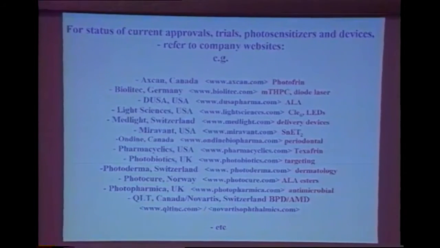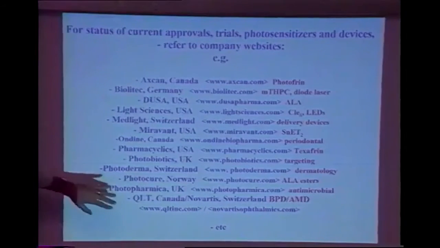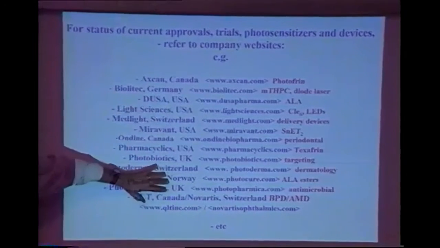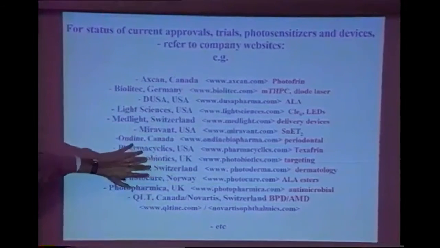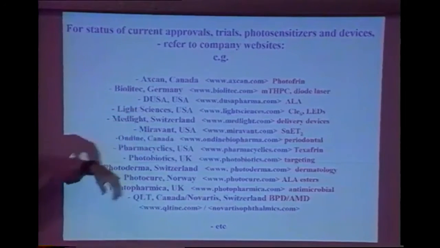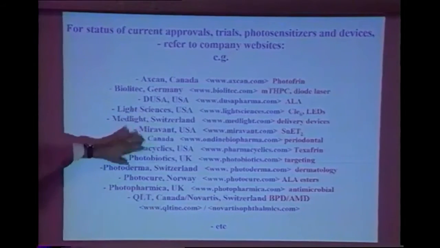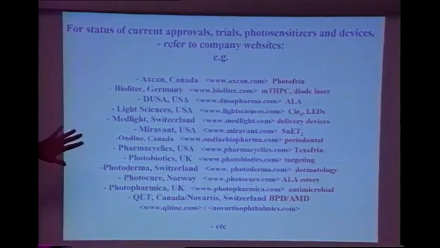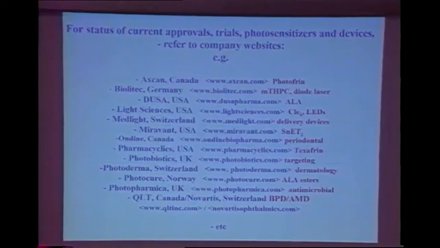If not, we can fix it. Okay. So I recommend that you just go to these websites to get enough of that information. Some of the websites are very nice. They include basic information, as well as clinical data, and lots of them have references as well. So this is a good starting point if you want to create an information database for PDT.